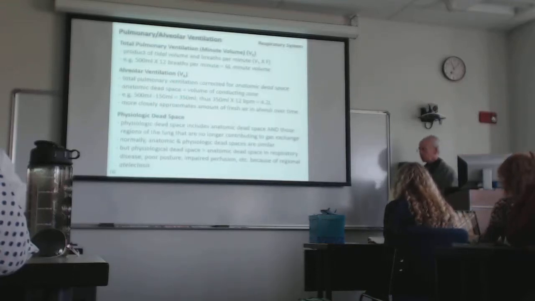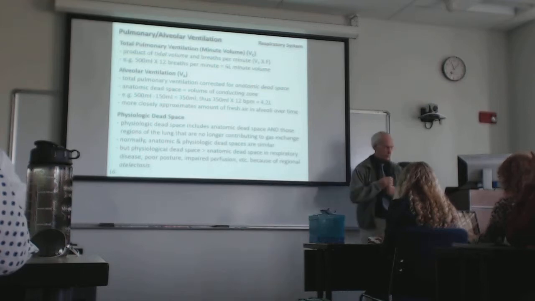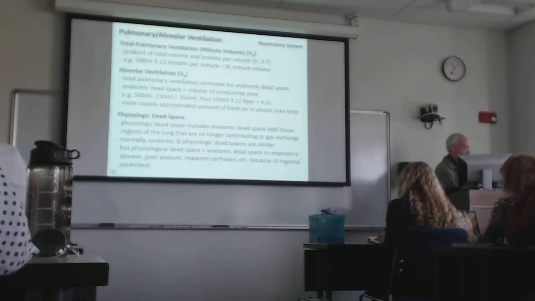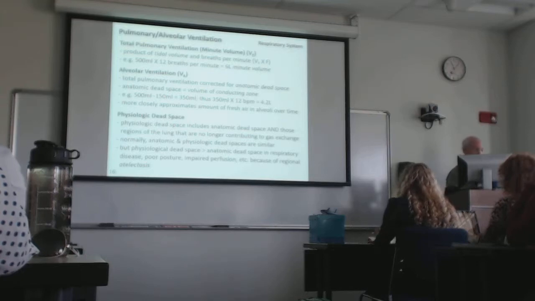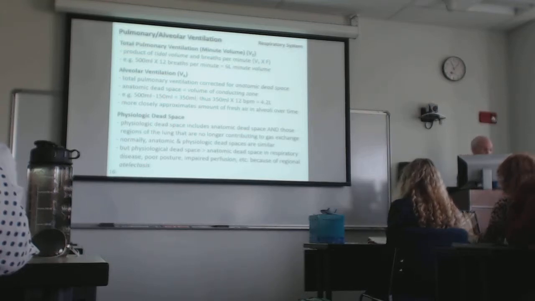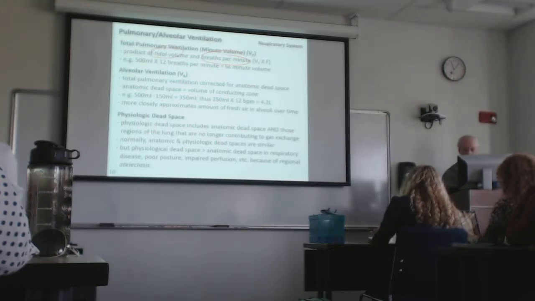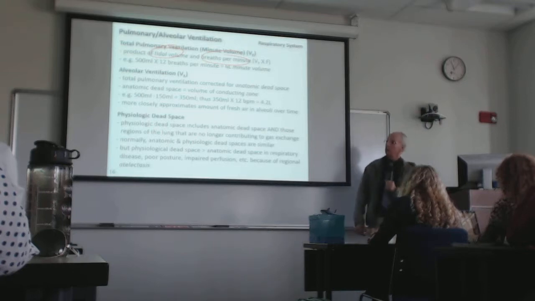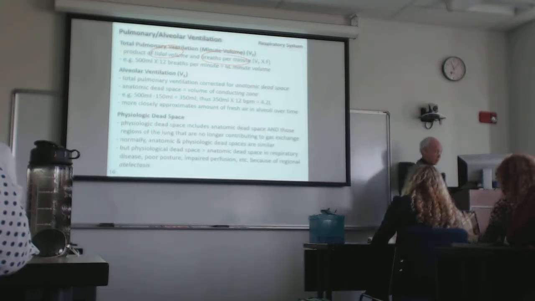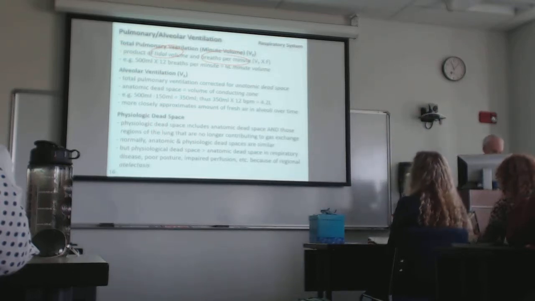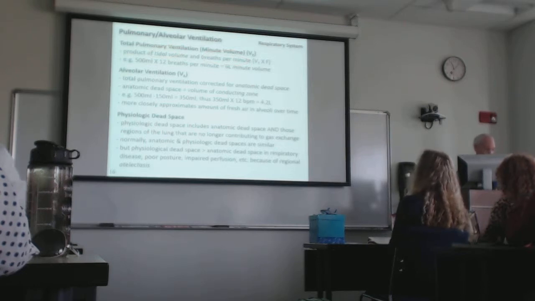You should be familiar, we'll talk about this later, with the concept of total pulmonary ventilation. In many respects, this is analogous to cardiac output. It is simply the product of the number of breaths per minute times the tidal volume. And remember, we're going to assume the tidal volume is about a half liter. And of course, your patients will breathe at various rates, depending upon a variety of circumstances.